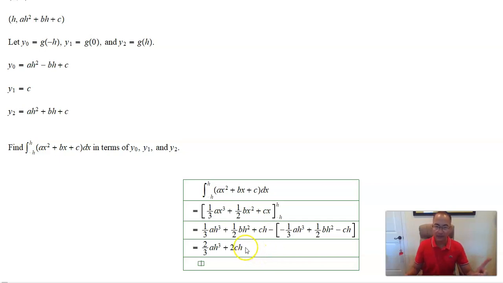We have the final area. However, we do want to have the answer in terms of y0, y1, and y2. And maybe h. Because, check it out, there is a free h in there. So we're going to factor it out.